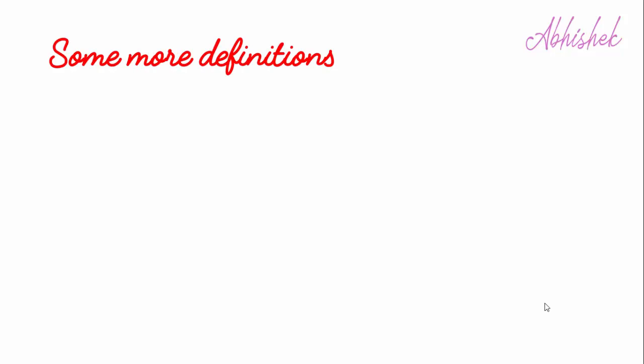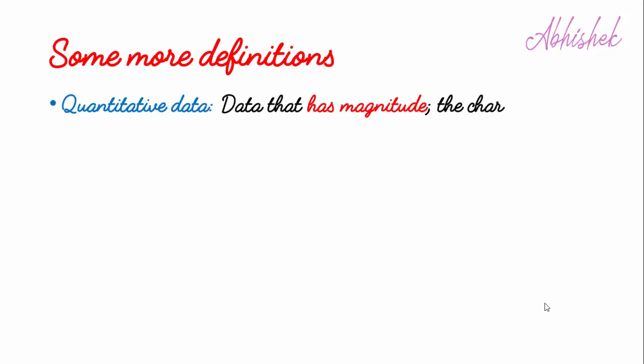To study further, let us also discuss some more definitions which we require for the current study. Quantitative data. Now, data which has units which can be measured is quantitative data.